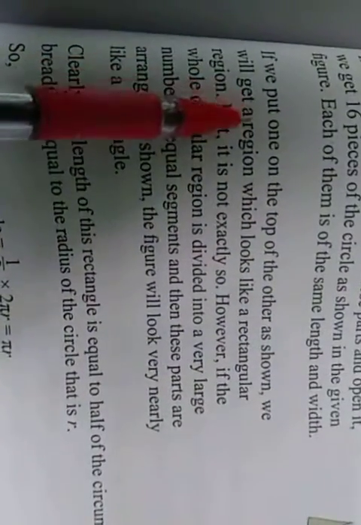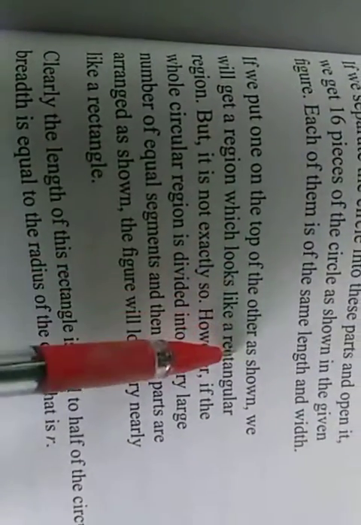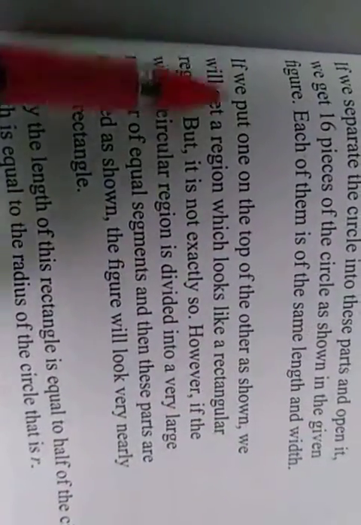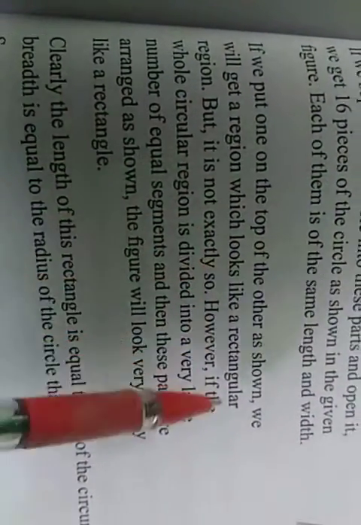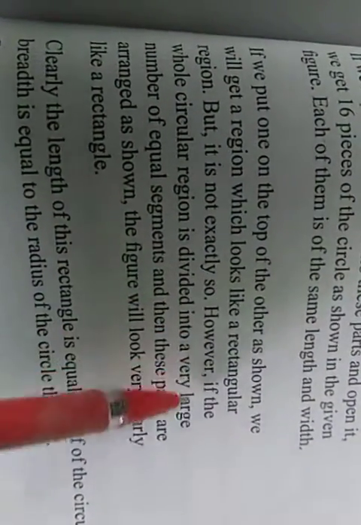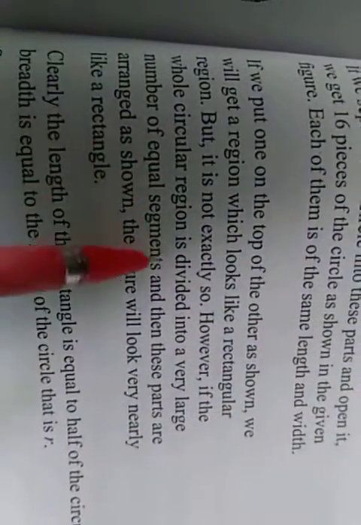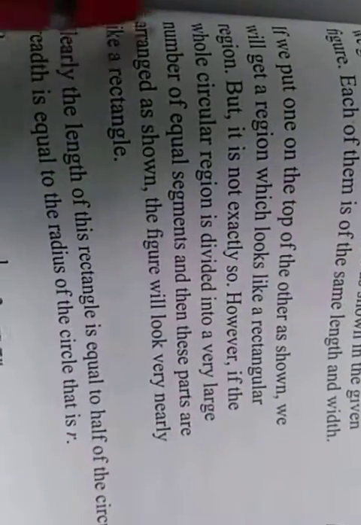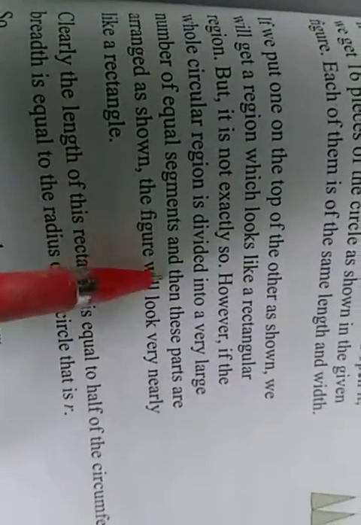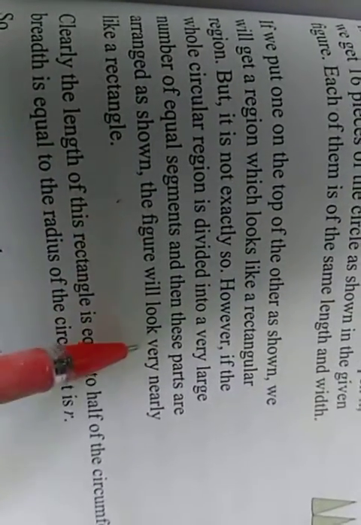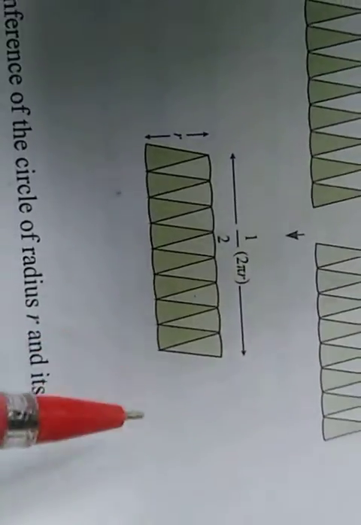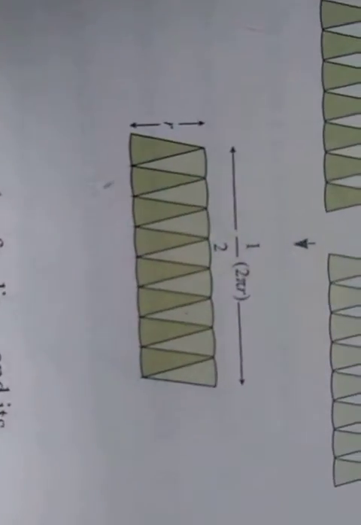If we put one on the top of the other as shown, we will get a region which looks like a rectangular region, but it is not exactly so. However, if the whole circular region is divided into a very large number of equal segments, and then these parts are arranged as shown, the figure will look very nearly like a rectangle.